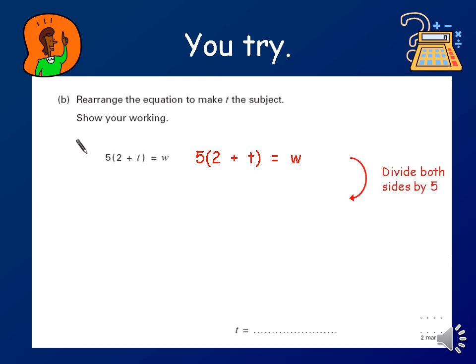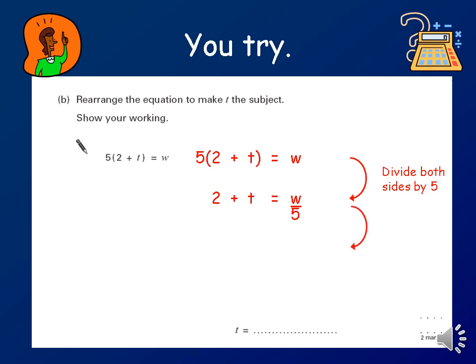We can just simply divide by 5. So that line stays the same, 2 plus t equals w. Remember, we have to get t on its own, so I forgot to say that we need to divide the other side by 5. So 2 plus t equals w divided by 5.